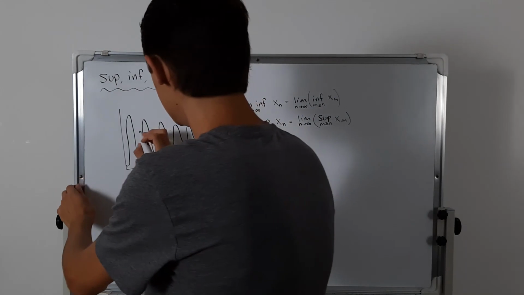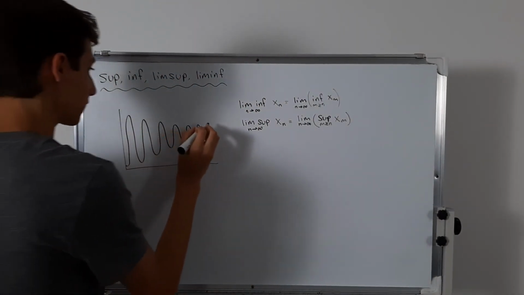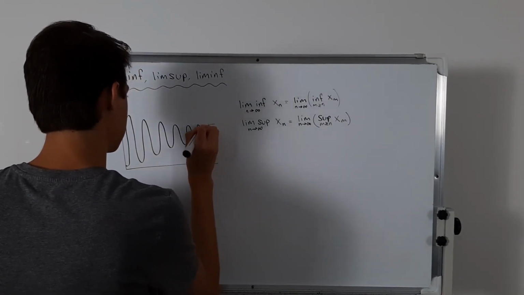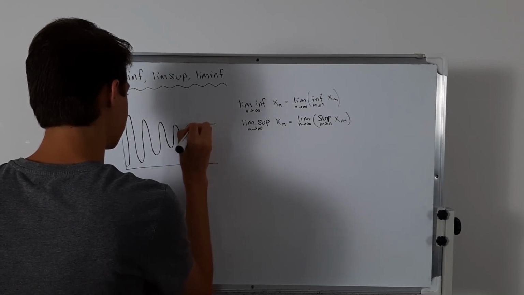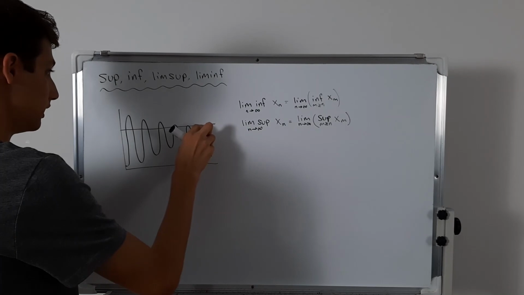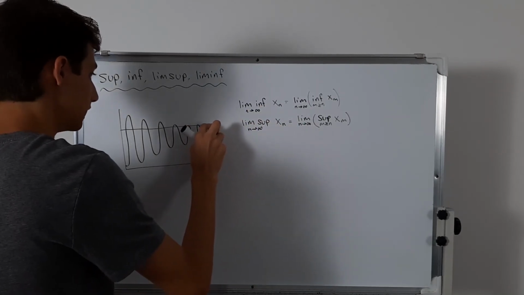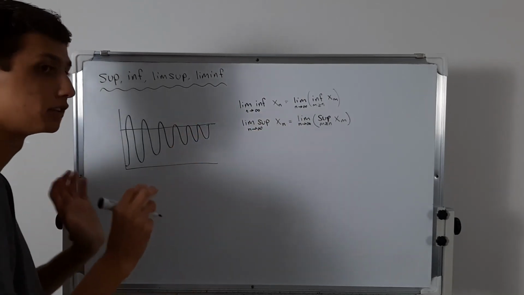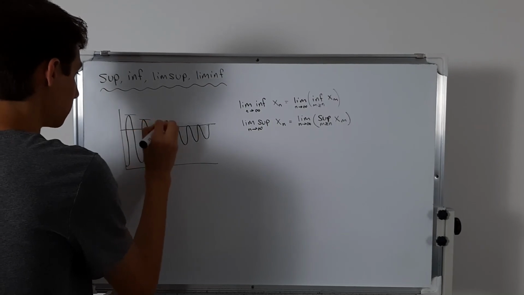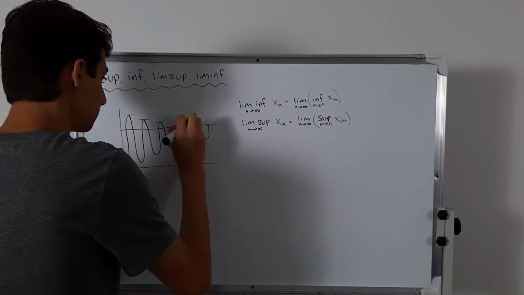So if I can draw a straight line going across here, I'll start over here, and, oh man, I already messed it up, but something like this, that line is the limit superior, because we're taking the superior as it goes to infinity, because each of these are the superiors for the particular values there.